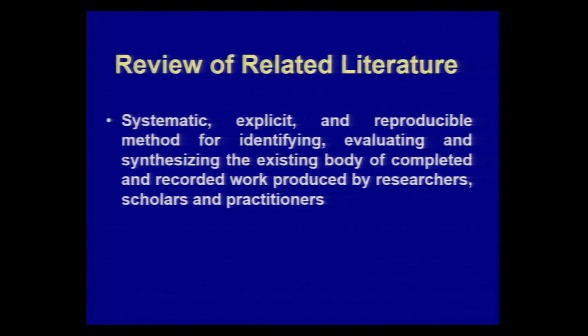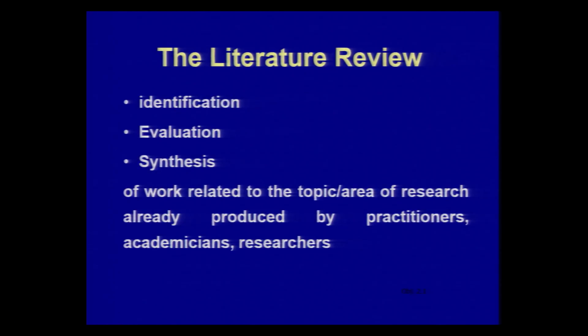So in other words, you can say that it involves identifying, evaluation and synthesis of the work related to the topic or area of research already produced by the practitioners, academicians and researchers.